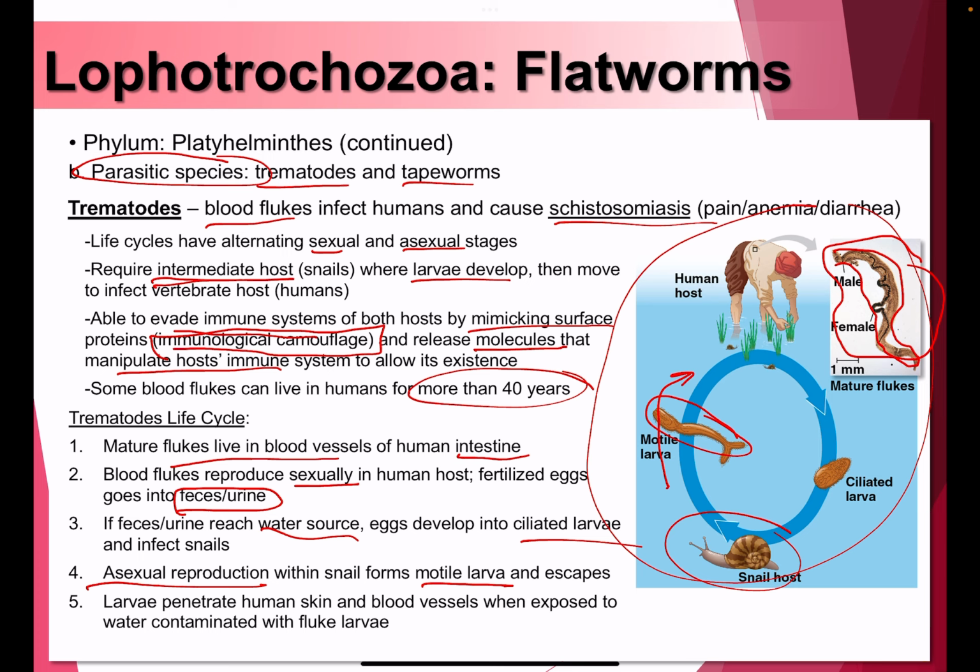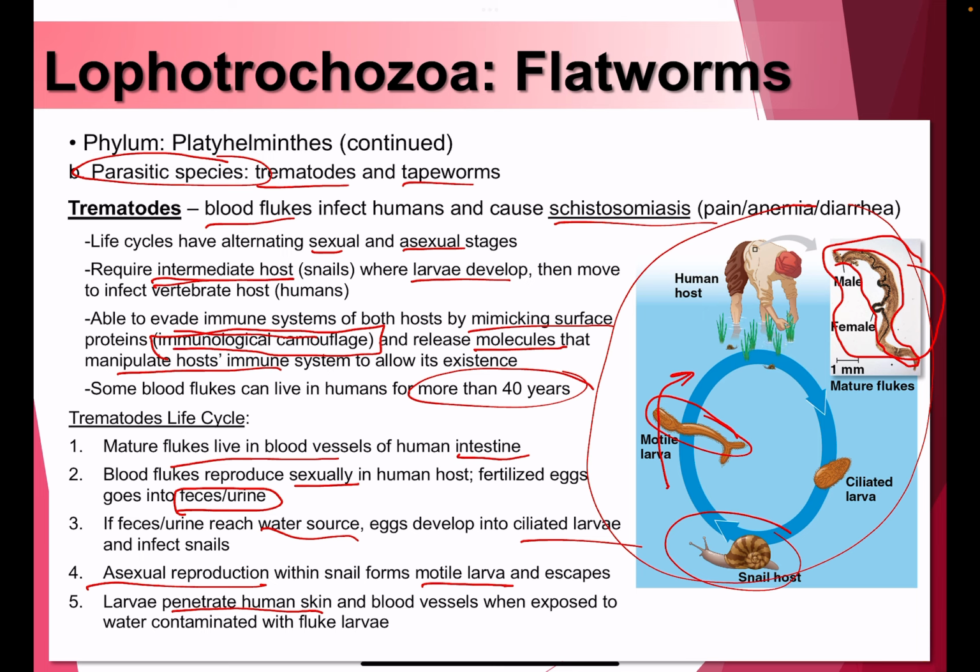Once the larva is able to reach a human, they will actually penetrate the skin and go into the blood vessels. I know this sounds scary. Yes, that's why I say don't be eating lunch at this moment when you're going over this part of the chapter. Now, once they go into your blood vessels, they will of course infest your intestinal area, live in there, mature in there, become sexually mature, and reproduce inside your intestine and start the whole process all over again, where they will then have fertilized eggs in your feces and urine.